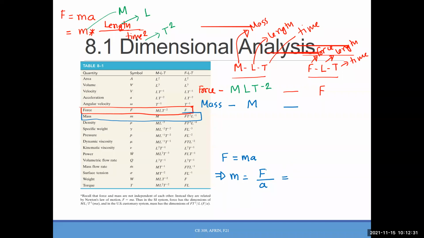And for F, it's F already. For A, we will have length over time square. So for length, you can say it's L. For time square, you can say it's T square. So finally, you will have F T square, because this T square will go up, L minus 1.